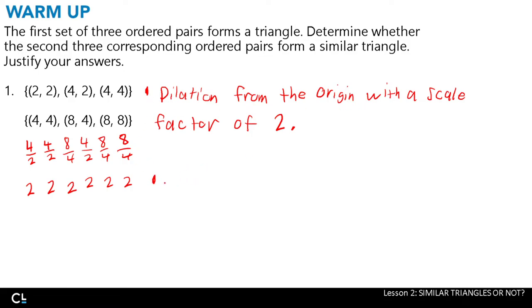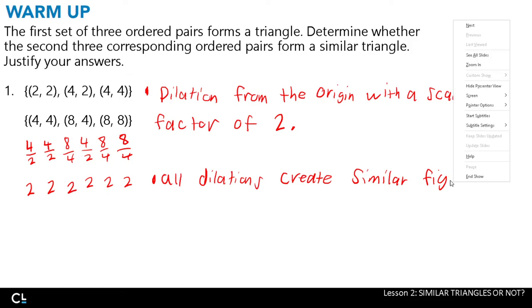And what we then know is all dilations create similar figures.